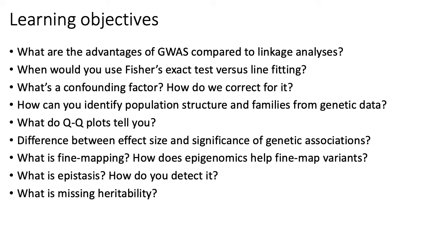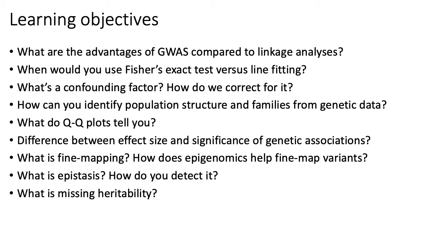We'll basically look at QQ plots, which are one way that people diagnose uncorrected confounding factors in genetic studies. And then we'll discuss briefly what the differences are between effect size and significance of statistical tests associated with genetic associations. We previously discussed a little bit about p-values and effect sizes, and so we'll discuss it in the context of genetics here.